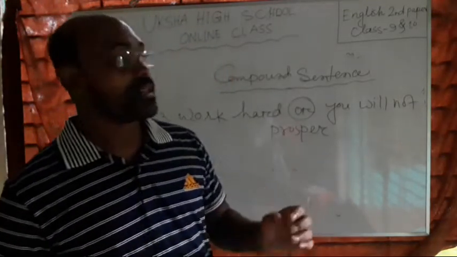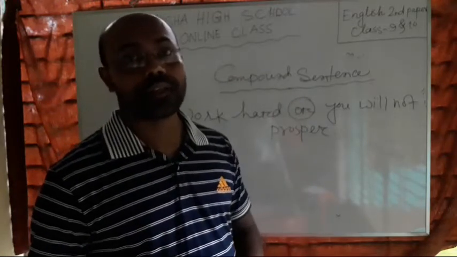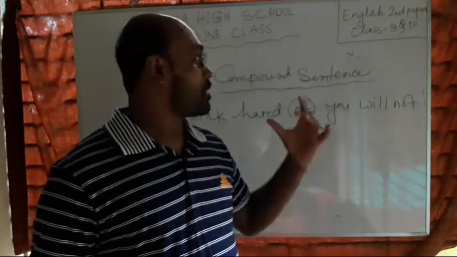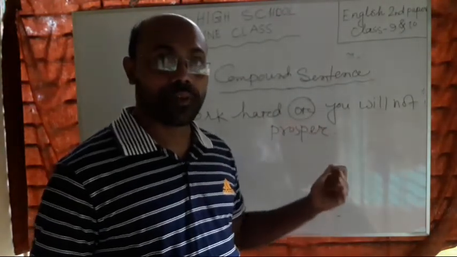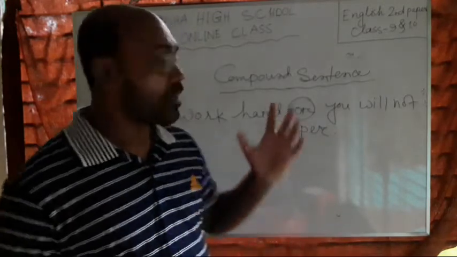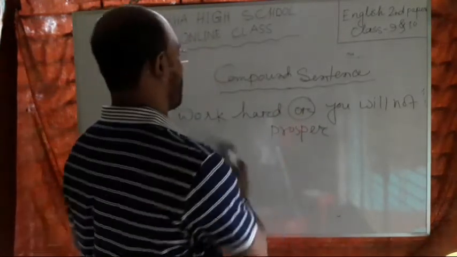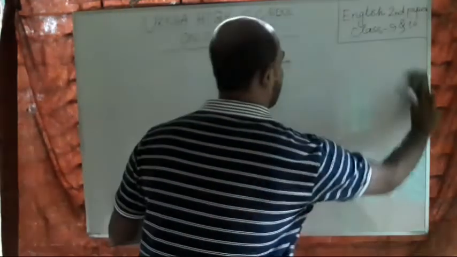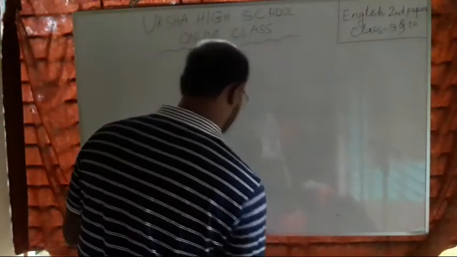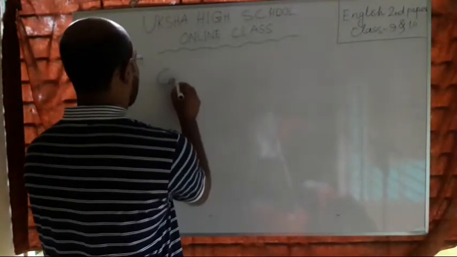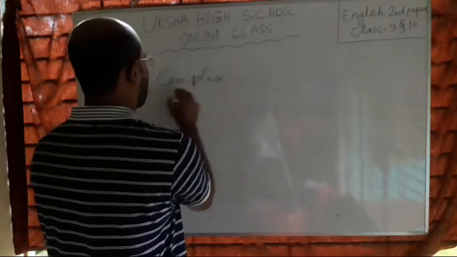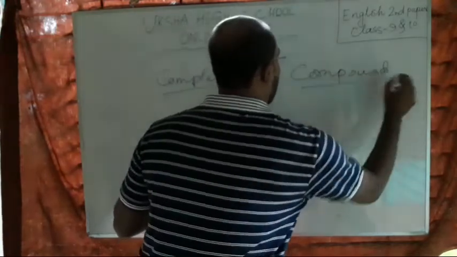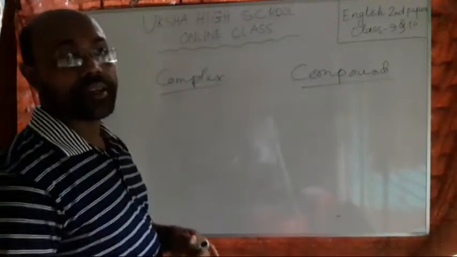Now I will discuss some indicators or conjunctions to identify whether a sentence is complex or compound. I will write some indicators and conjunctions on the board. Complex and compound, some indicators.